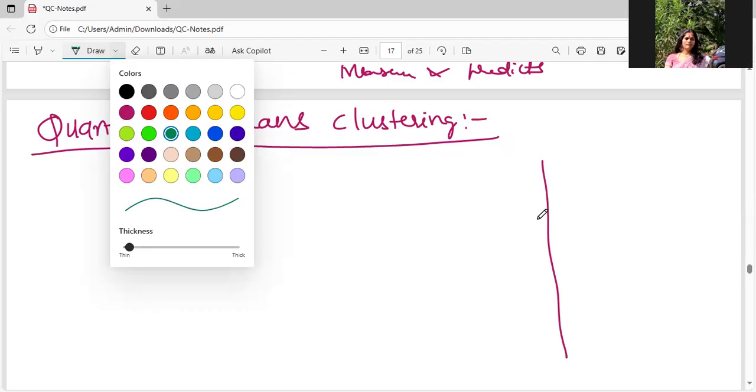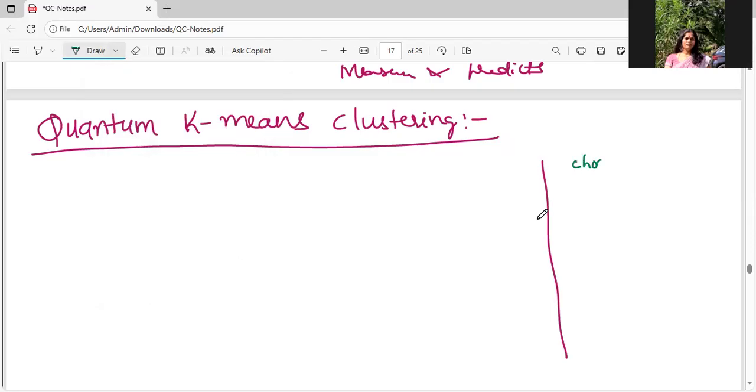First, we will choose k. That means we decide how many clusters we want, given a set of data points. Then we initialize the centroids for the clusters.